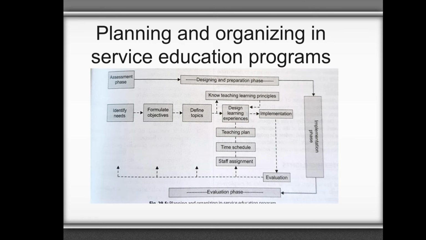According to them, the training process consists of basically 4 steps. After that, Cremato and Rigger in 1990 modified this: assessment, design, implementation and evaluation, to follow up. Assessment, implementation, evaluation and follow up. These are the 4 basic steps for planning and organizing an in-service education program.